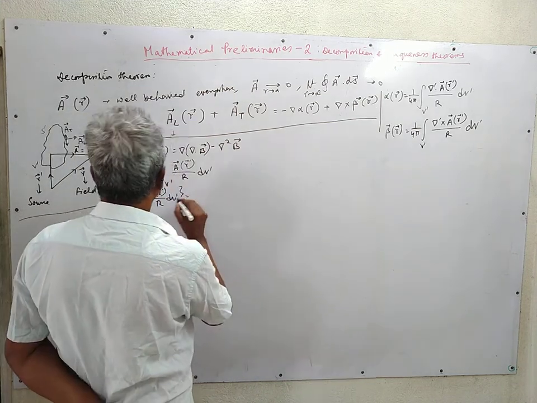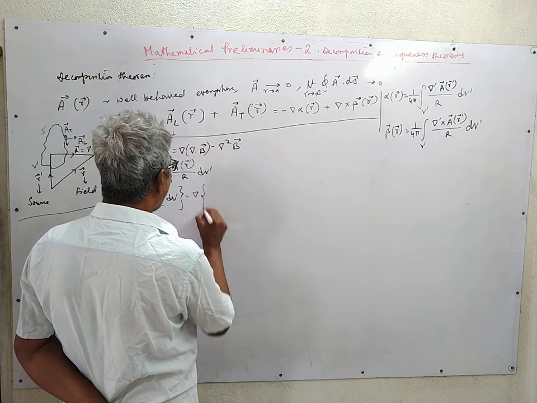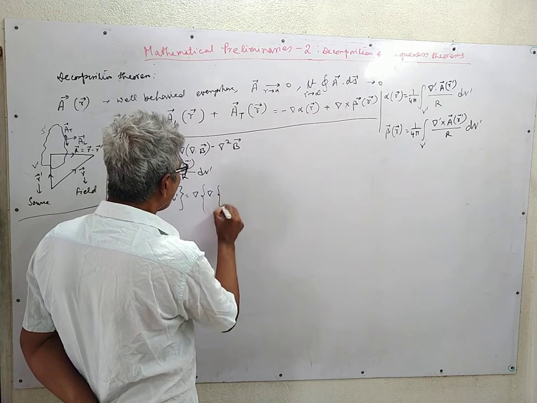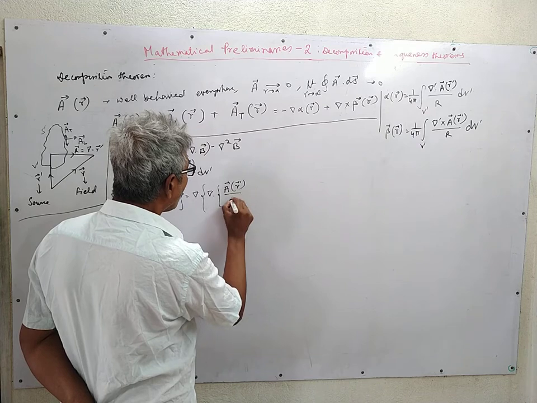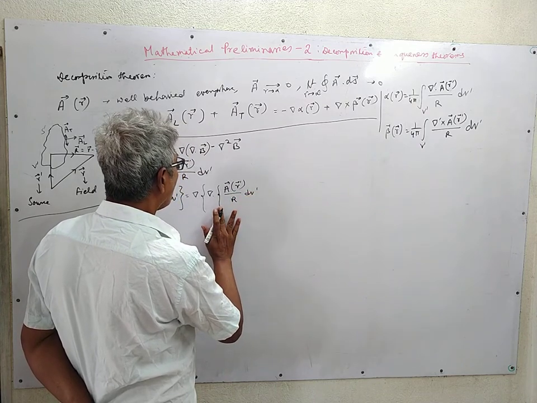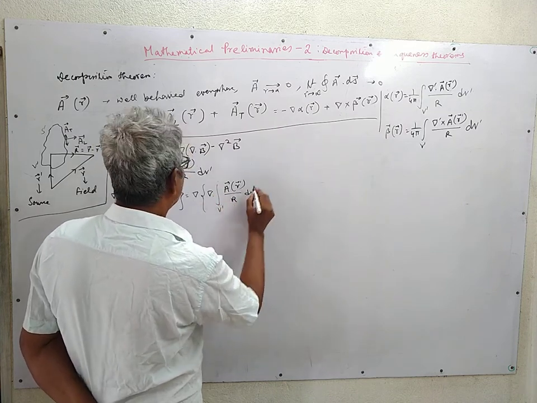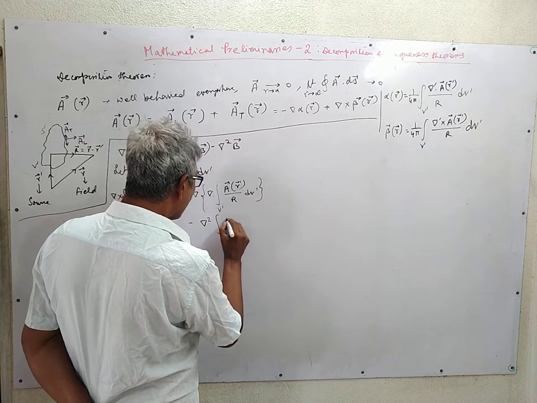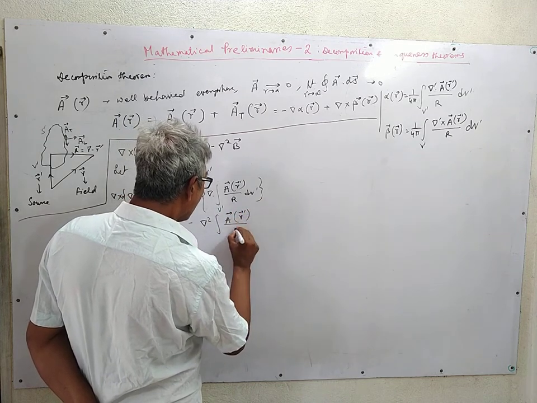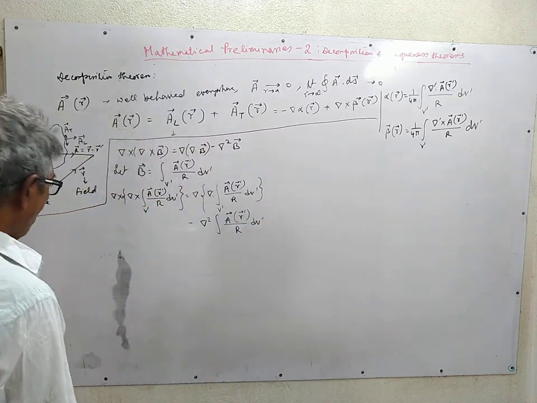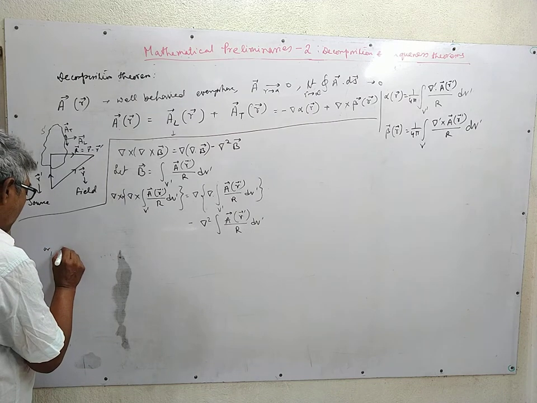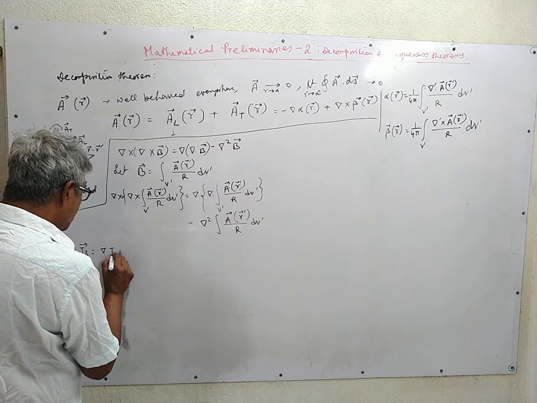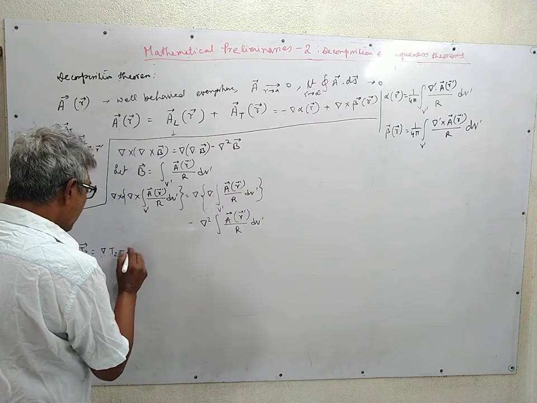is equal to gradient of divergence of the integral, dv prime, minus Laplacian, which we write as curl of T3, this term we call T3, this term we call T2, minus T1.